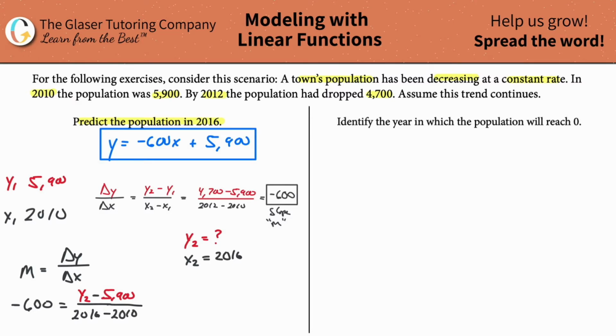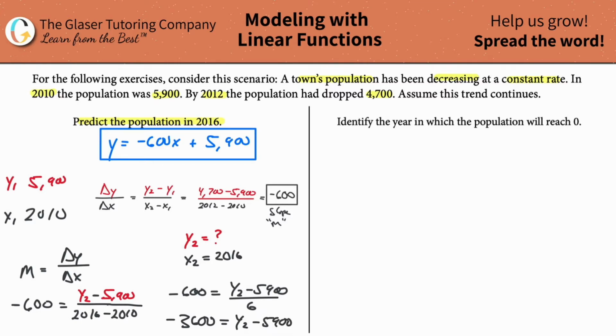Okay? Literally, you have now one equation with one unknown. All you got to do is solve it. So it's simply going to be now negative 600 is equal to y2 minus 5,900 all over 6. You're going to cross multiply here, right? So that's now going to be negative 3,600 is equal to y2 minus 5,900.